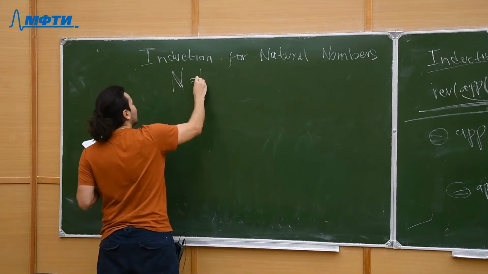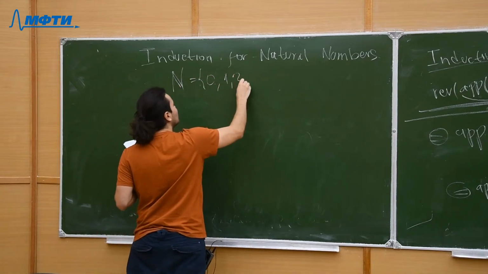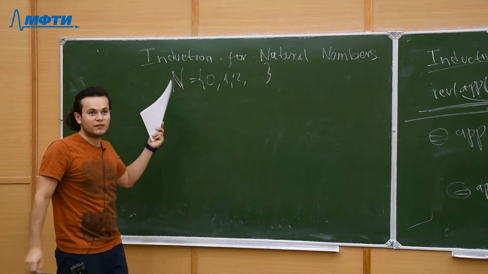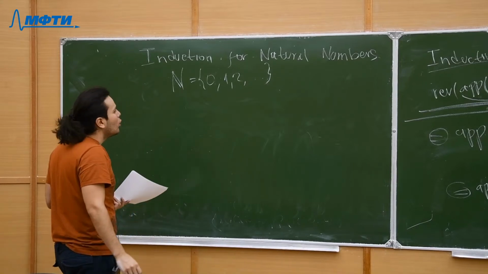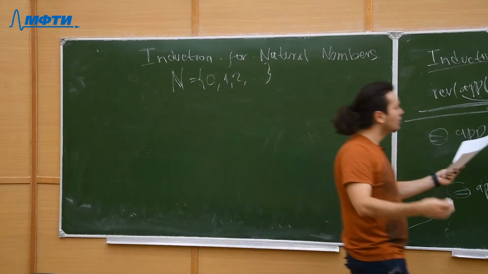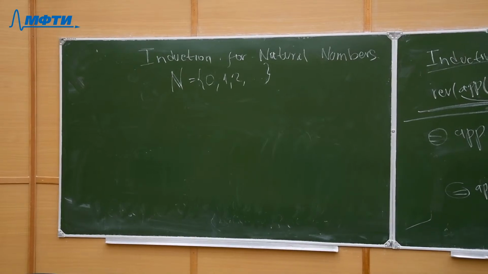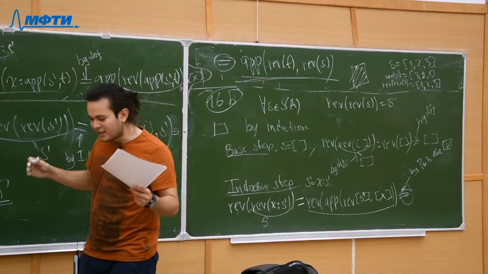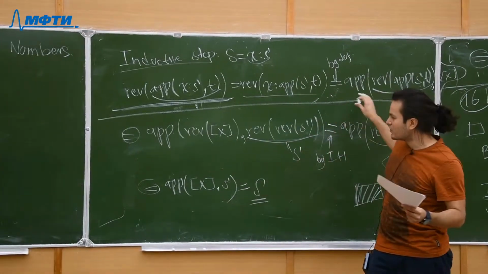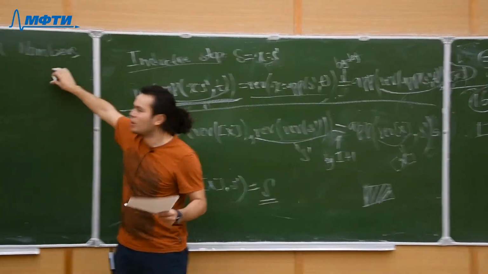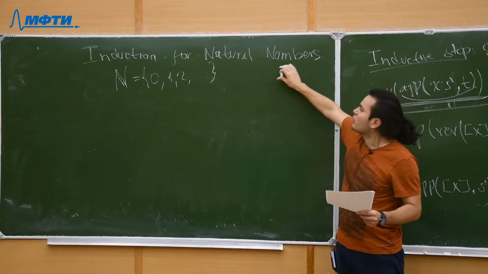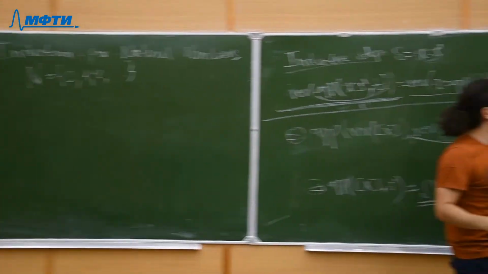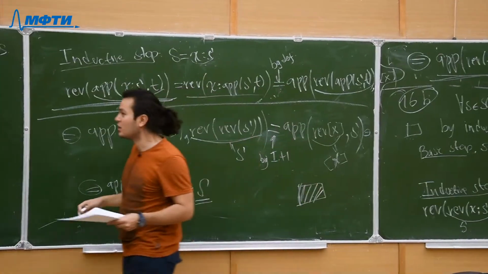So the natural numbers are from 0, 1, 2, and so on. We can translate induction on strings into induction for natural numbers. Actually, induction for natural numbers is going to be like a special case of the induction on strings, and you will see that in your lecture.